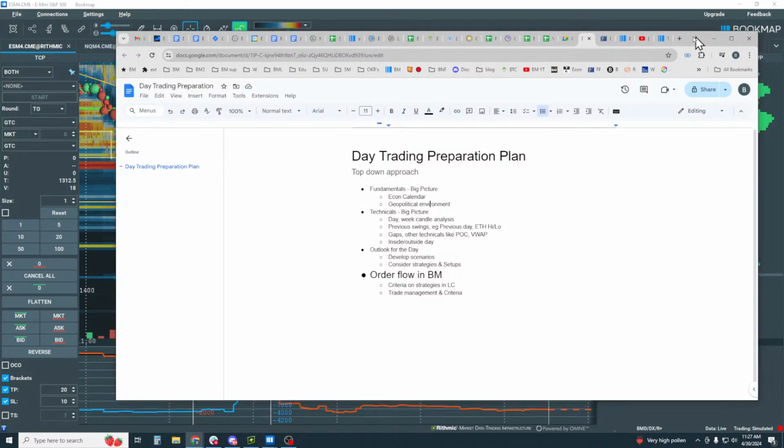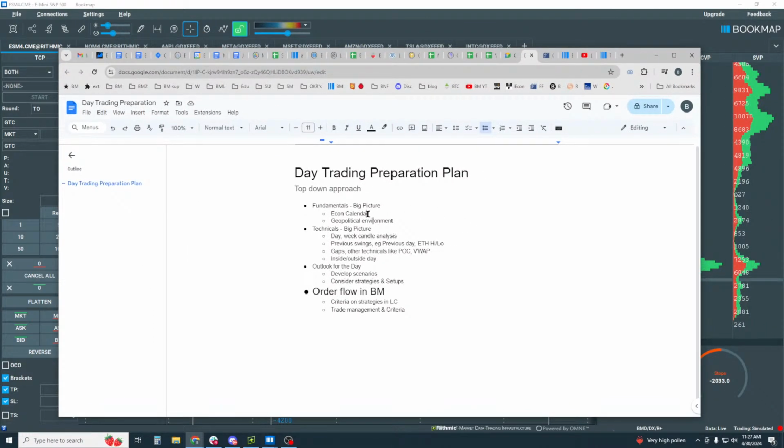Okay, so our top-down approach: fundamentals, economic calendar, bigger picture, geopolitical, technicals, big picture, daily, weekly, hourly, 15-minute chart. Okay, we had a strategy on. We did have criteria on that, and that worked out pretty nicely.